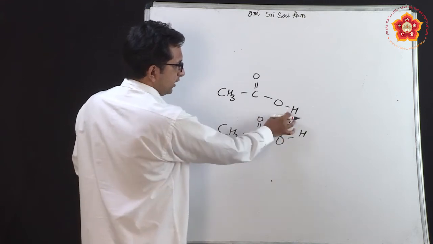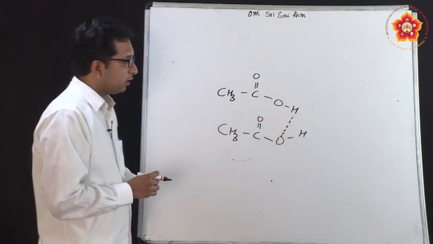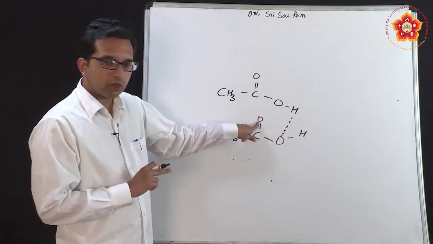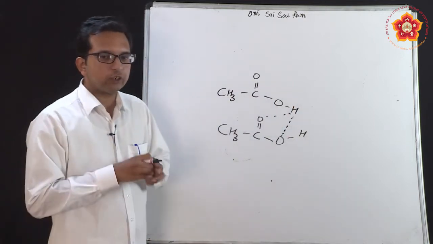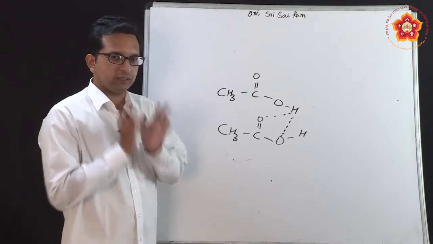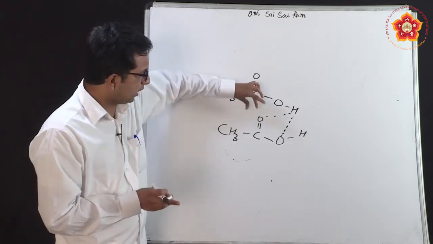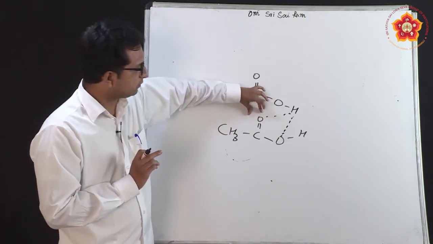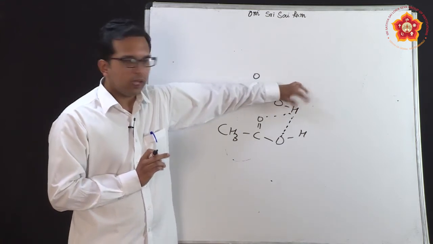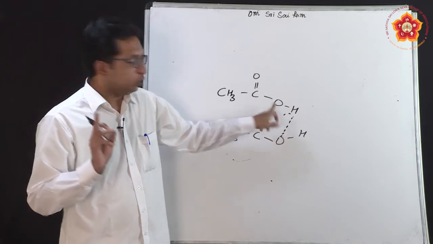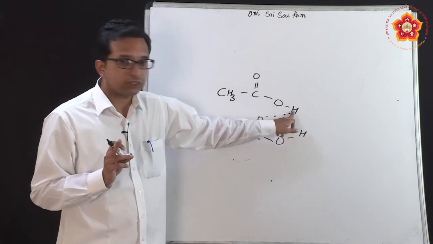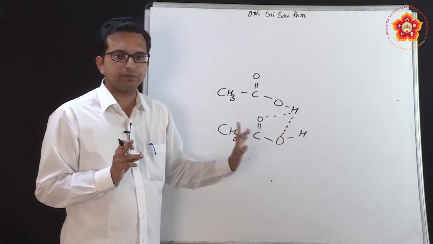You can see here that hydrogen is attached to oxygen. Also, this oxygen can interact with this hydrogen. Why? Because what does hydrogen bonding say? It is the force of attraction between an electronegative element and a hydrogen atom, and that hydrogen atom should be attached to an electronegative element. So, there is a possibility of this interaction as well as this interaction.